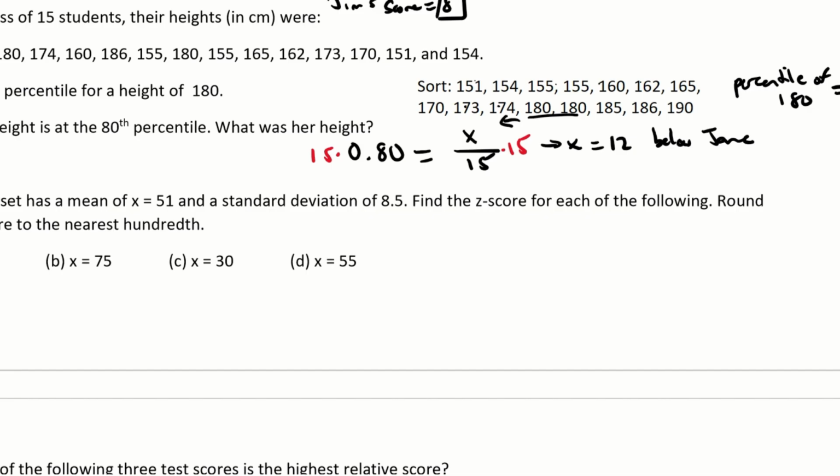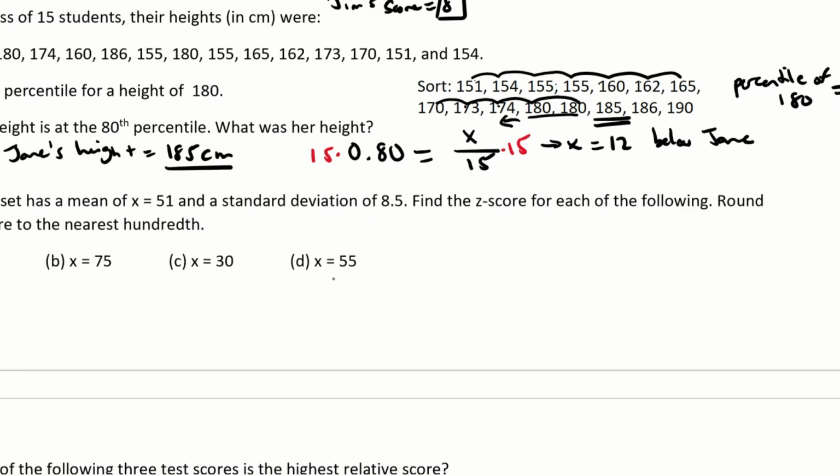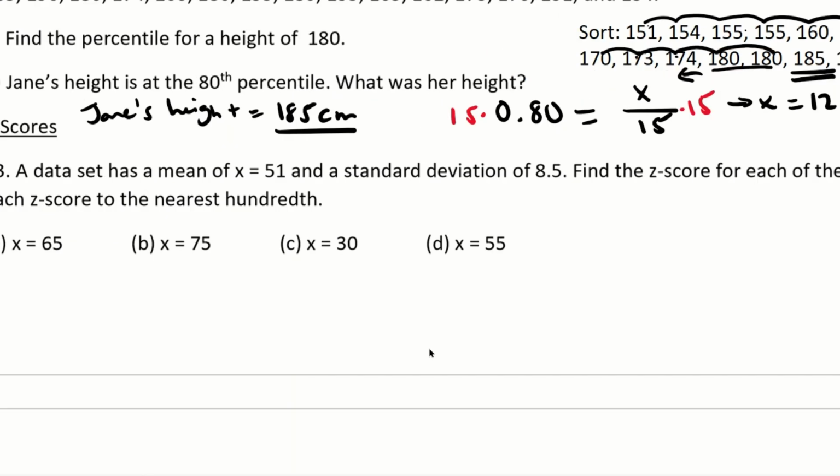So then we can figure out, okay, well, 12 below Jane. So 1, 2, 3, 4, 5, 6, 7, 8, 9, 10, 11, 12. Okay, so that means Jane has to be this height because there's 12 people below her. So Jane's height is 185 centimeters. Okay, hopefully that made sense.